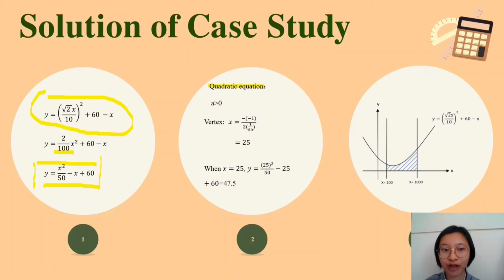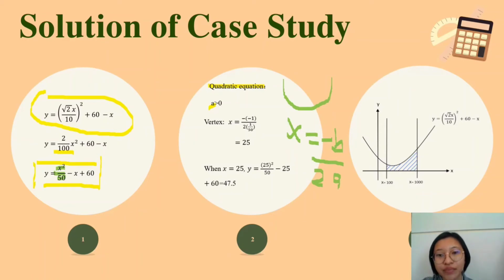After we get the simplified form of the function, we need to now identify whether the curve opens upwards or downwards. So we know that in this function, a is 1 over 50. As you can see here, a is 1 over 50. So a is bigger than 0. So the curve must be a smiling curve, which is curve upwards. Next, we need to find the vertex. To find the vertex, we need to use the formula x equal to negative b over 2a.